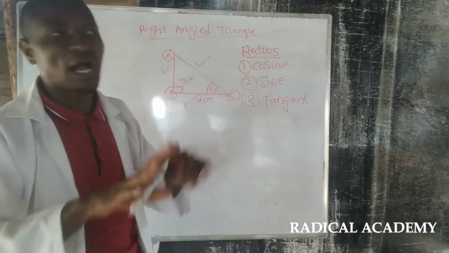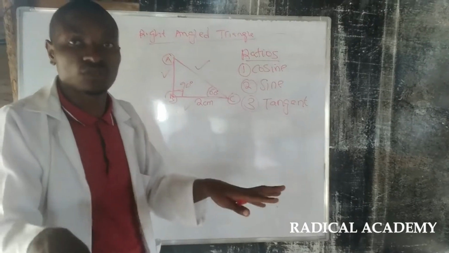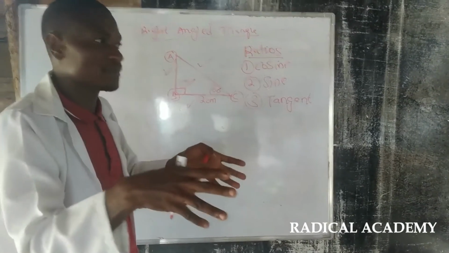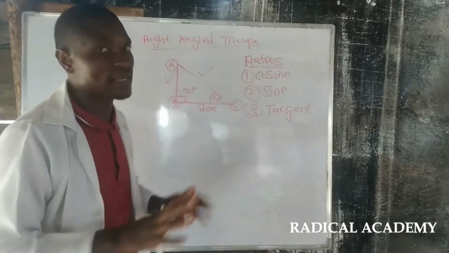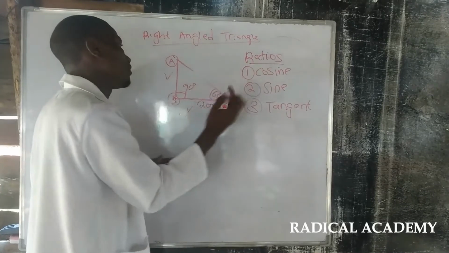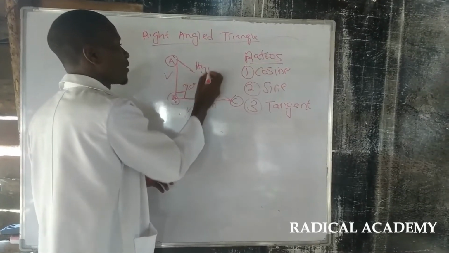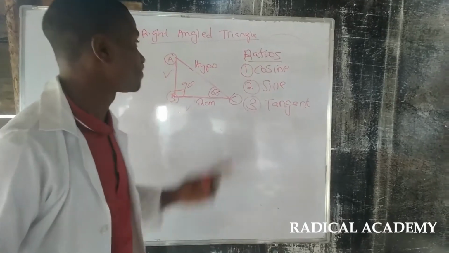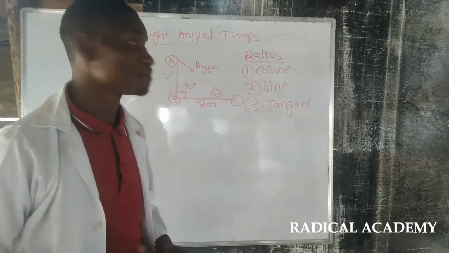Regardless of how the diagram might be drawn, as long as you see the longest side in the triangle, that's the hypotenuse. You can label it to avoid confusion, or you can just write it as hypotenuse.